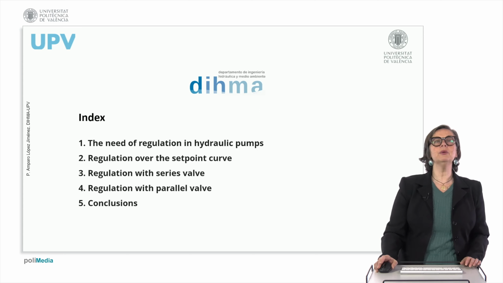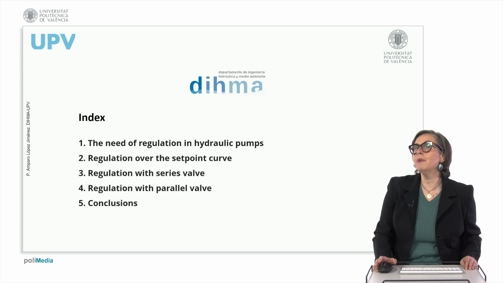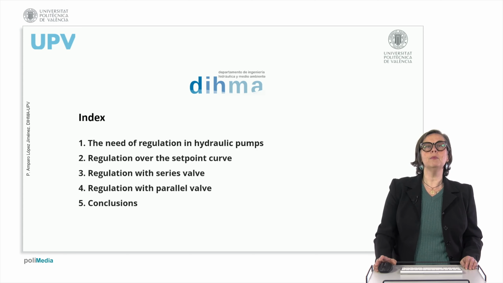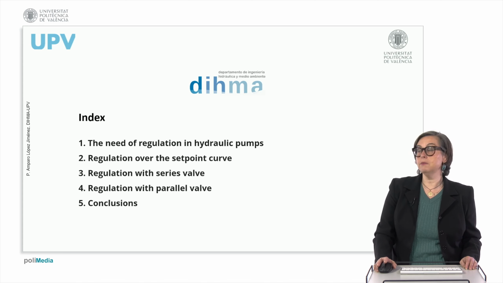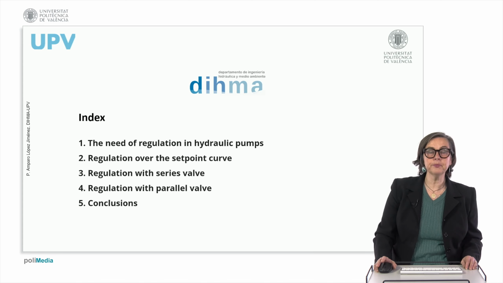So we will be speaking about the need of regulation in the pumps, about the regulation over the set point curve with series valves and with parallel valves, to finally conclude.